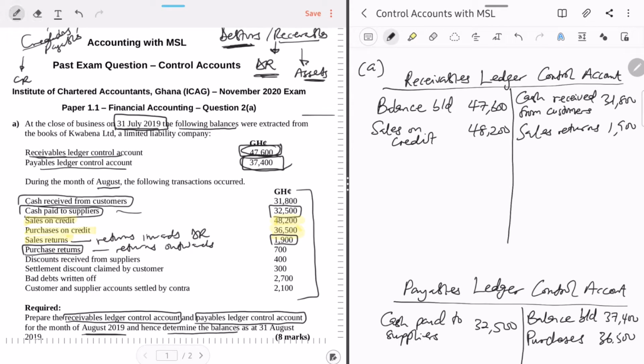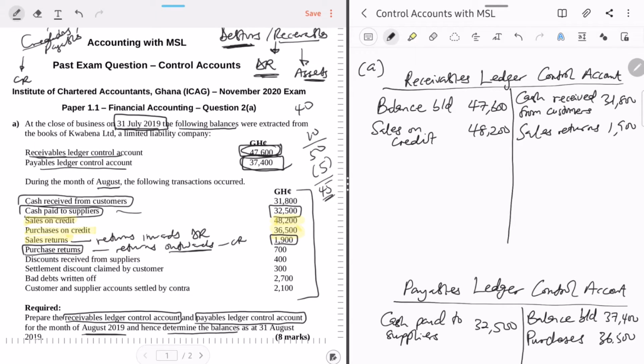If I buy, let's say I had 40 goods as a business, I went to buy an extra 10 to get 50. And then out of this 50 goods, let's say you return 5 of them. Would you agree with me that your goods will go down to 45? So returns outwards have the tendency of reducing the quantity of goods you have. And as a result of that, they have a credit balance because they reduce your assets of inventory.